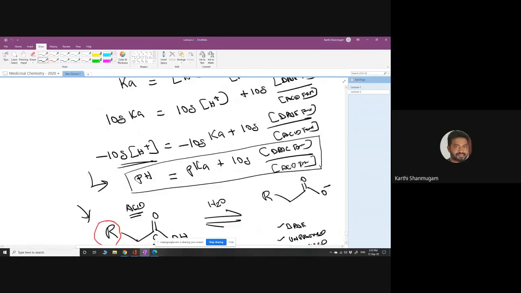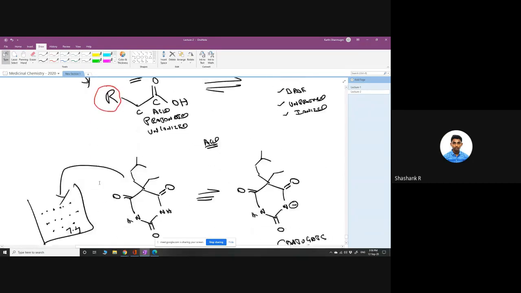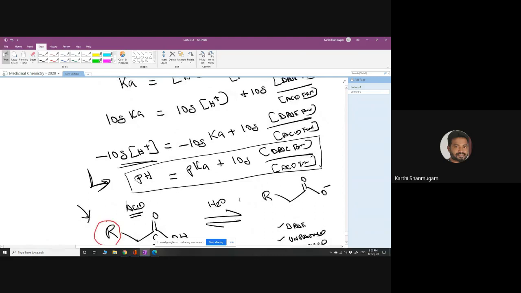So if I want to apply this equation to solve the problem, what values should I know? This is the formula: pH is equal to pKa plus log of base form by acid form, right? Yes, sir. The base form and acid form carry the details about the ionization, right?